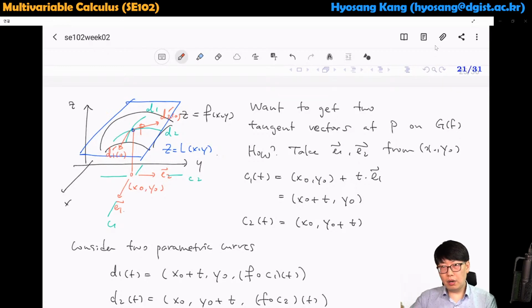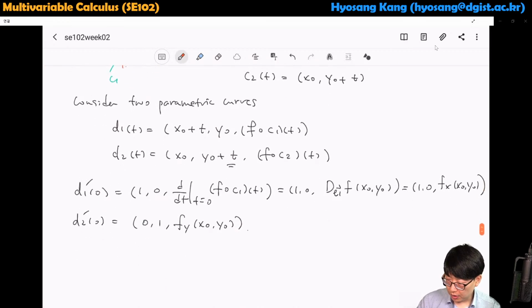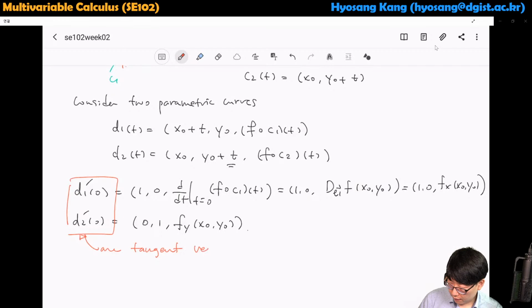And D1, D2 lie on the surface, the graph of the function, so D1' and D2' are tangent vectors of the surface at the point P. That's the important part. So these two are tangent vectors at (x0, y0) on the surface, which is the graph of the function.